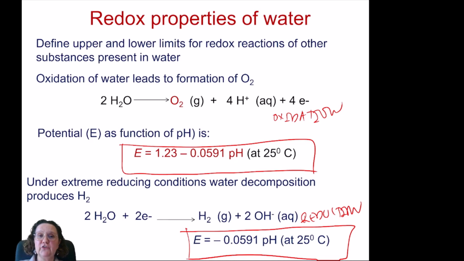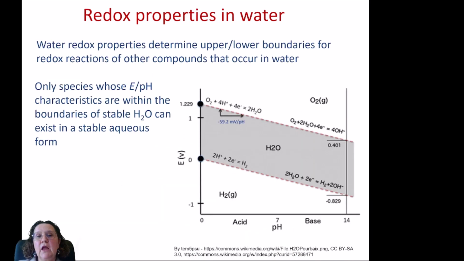It shows at what pHs and what electropotentials water will be stable, and what compounds will be able to oxidize water and liberate oxygen, and what compounds will be able to reduce water and liberate hydrogen. So this diagram, this fact that under extreme oxidizing conditions water will oxidize and liberate oxygen, and under extreme reducing conditions water will reduce and liberate hydrogen, is what gives you the stability diagram of water.